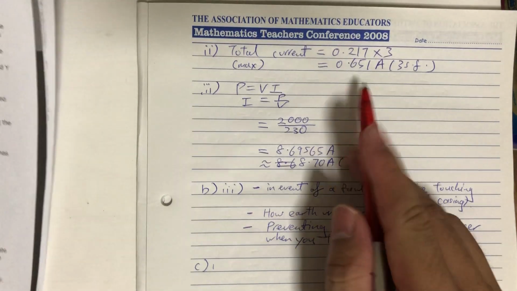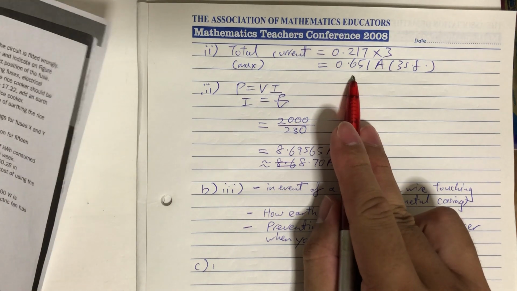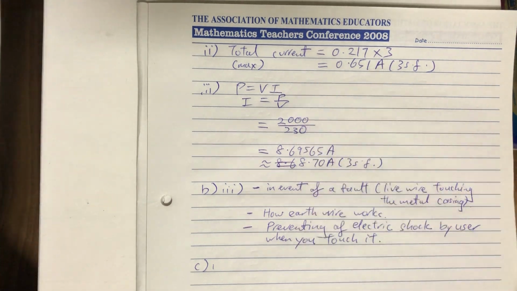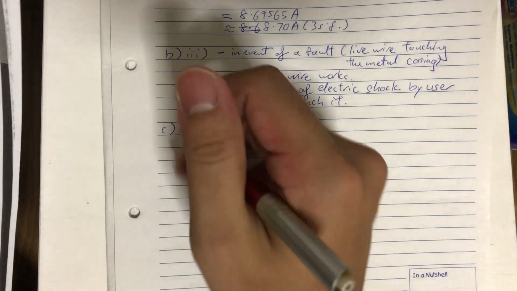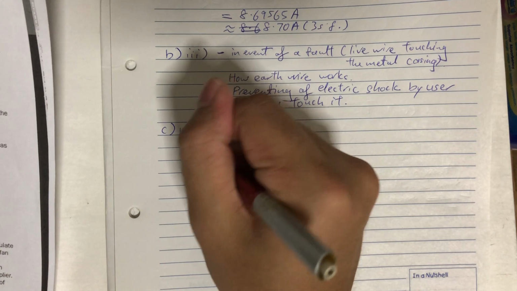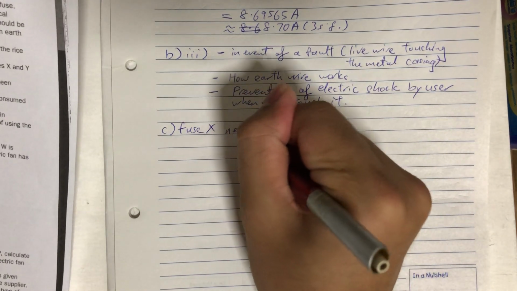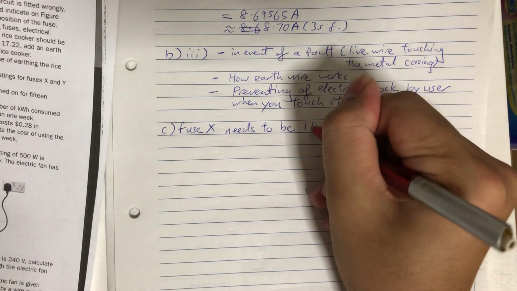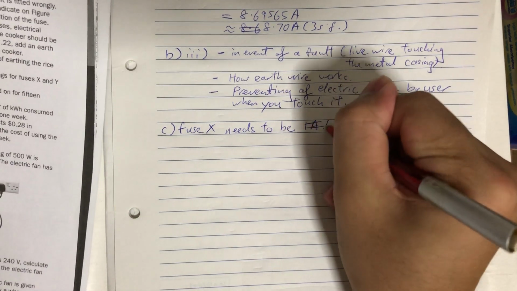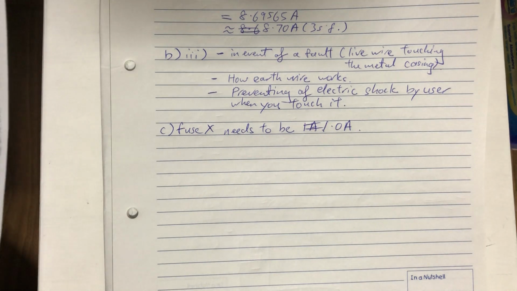So fuse X should be able to accommodate 0.651 amperes easily. Based on the fuse ratings, fuse X needs to be probably 1 ampere. 1.0 ampere. It cannot be too far off. I cannot choose a 13 ampere fuse here because it's going to be very dangerous.